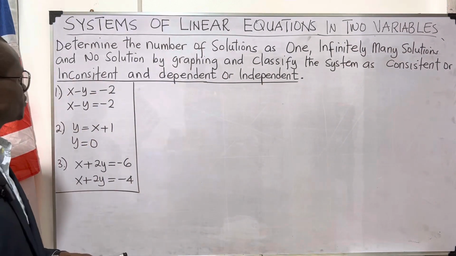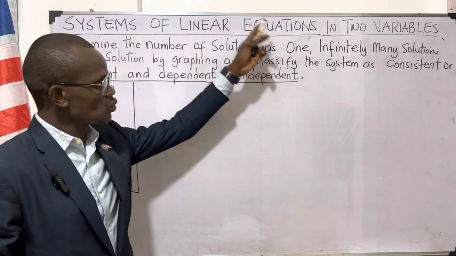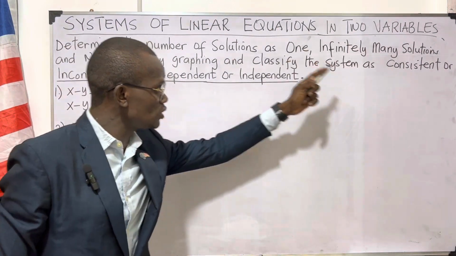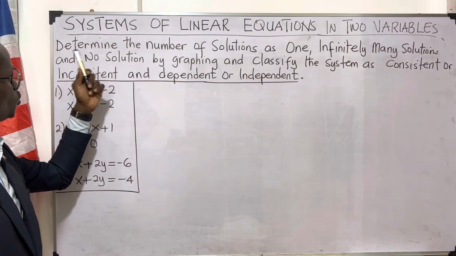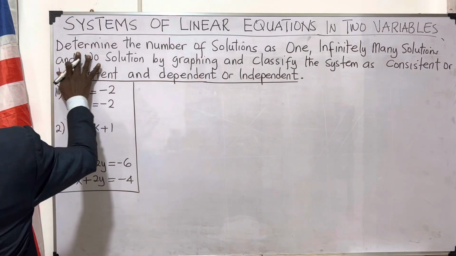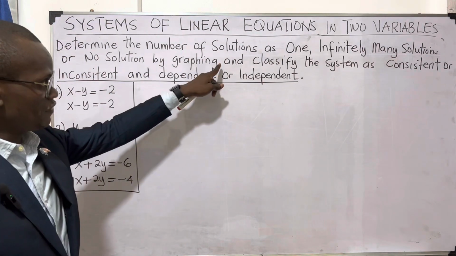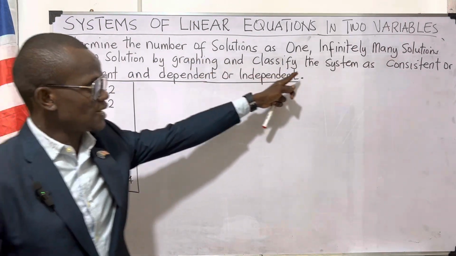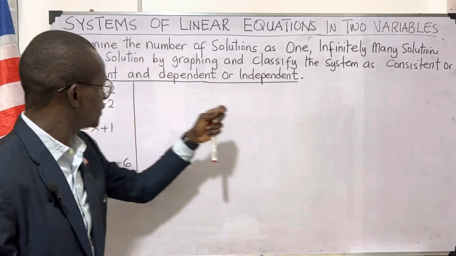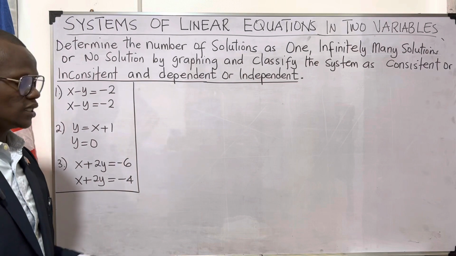The first problem says we must determine the number of solutions as one, infinitely many solutions, or no solution by graphing, and also classify the system as consistent, inconsistent, dependent, or independent.